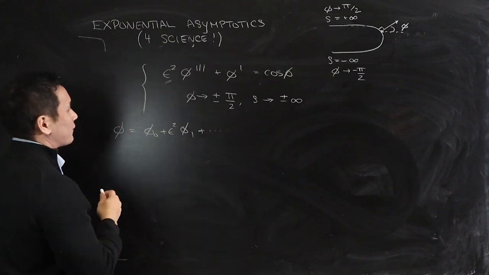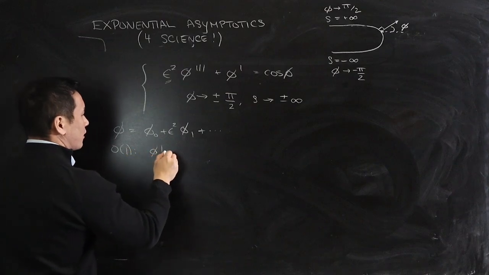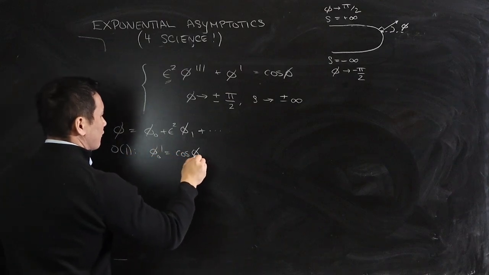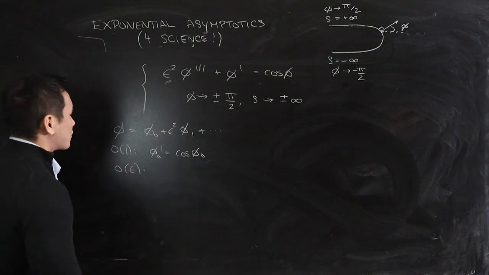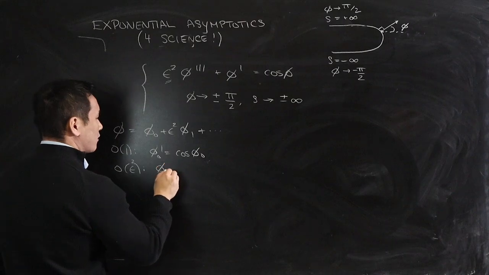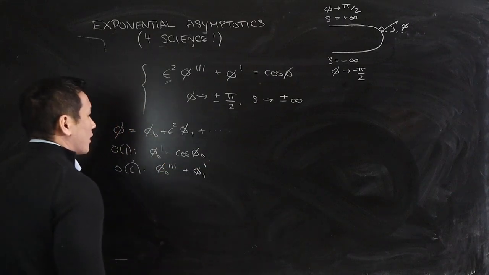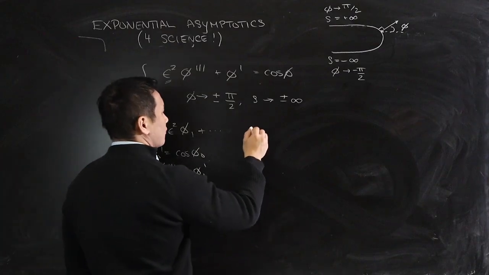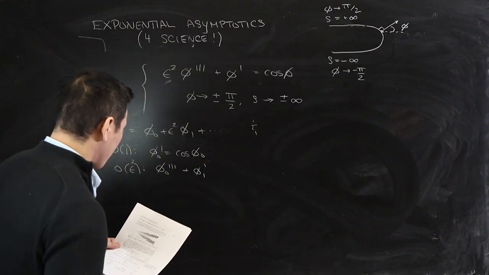At leading order, at order 1, you have to solve phi naught prime is equal to cosine of phi naught. At order epsilon squared, you'll have phi naught triple prime plus phi 1 prime. And it's useful for you to expand the cosine function as well.